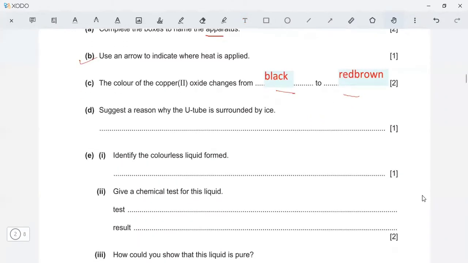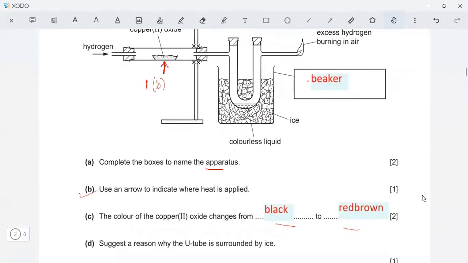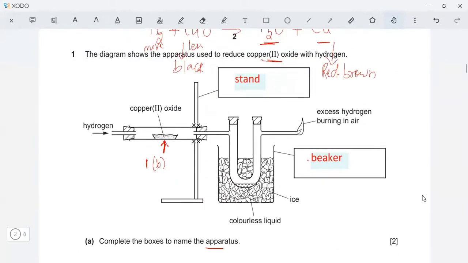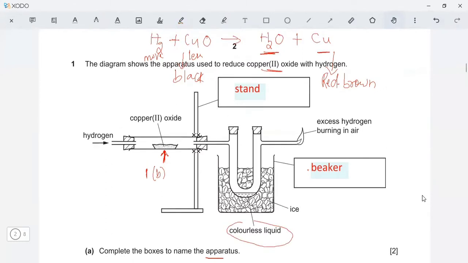Okay. So suggest a reason why the U-tube is surrounded by ice. Here this is the U-tube, right? Can you see the diagram here? It is surrounded by ice. So basically it is to condense the liquid form. Whenever this reaction takes place, hydrogen reacts with copper oxide, so you will be getting steam, water in the form of gas.